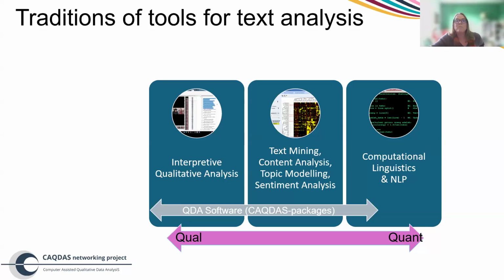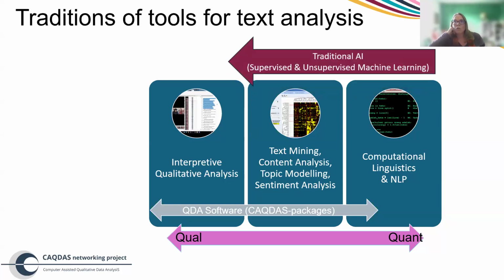So we've had tools for helping us analyze these materials for a long time. Now, these days, when people say AI, they tend to be referring to the generative AI capabilities that have come from the large language models. But there were forms of machine learning which have previously been referred to as AI.